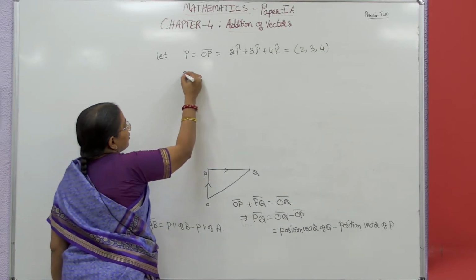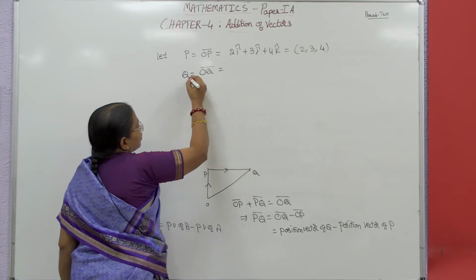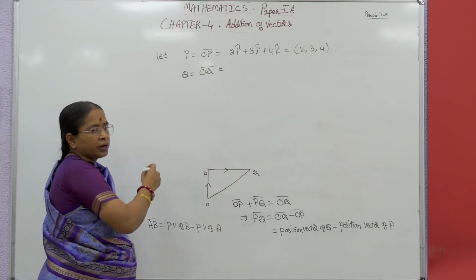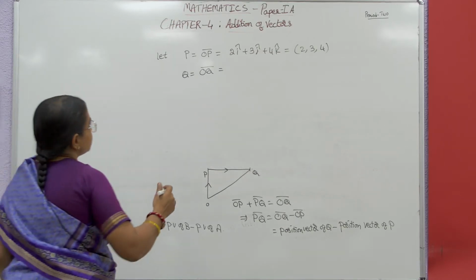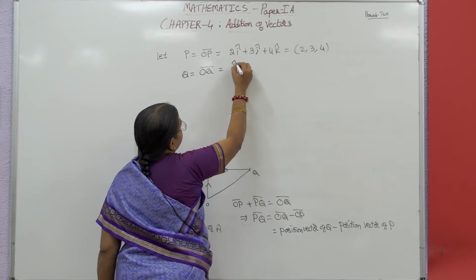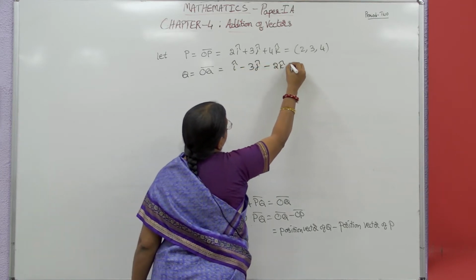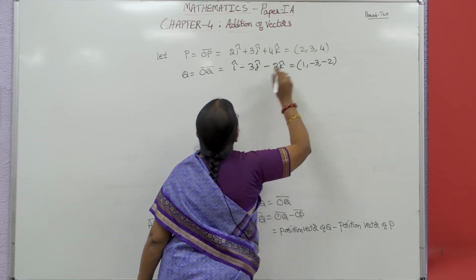Now suppose that you have another point Q, with position vector Q. P is one point, Q is another point. Q is i minus 3j minus 2k. So I can write this as 1, minus 3, minus 2.